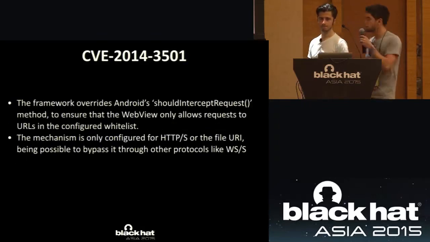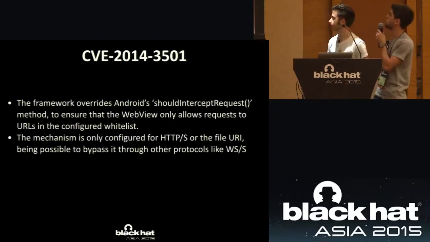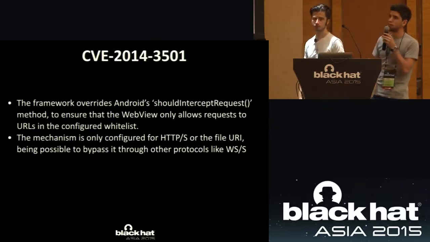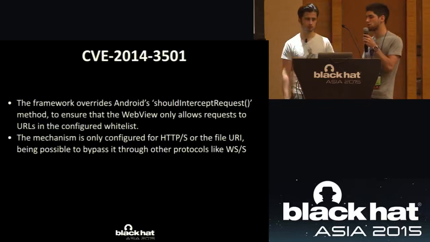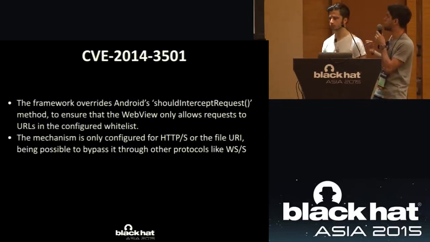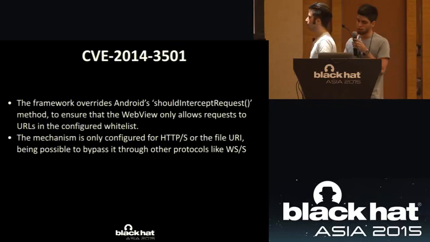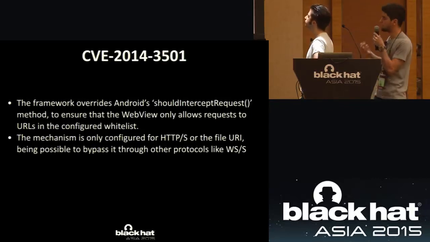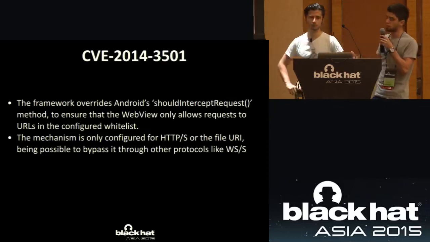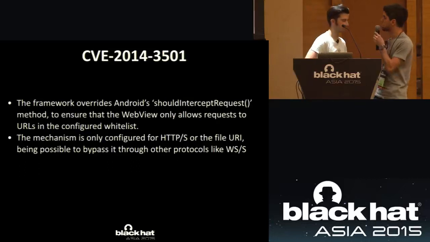And the second vulnerability basically is that the framework overrides the shouldInterceptRequest method to ensure that the web view only allows certain protected or checked methods in order to show the website requested by the user. So this is a kind of whitelist security check.